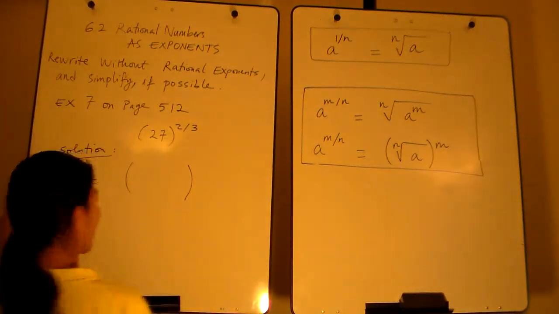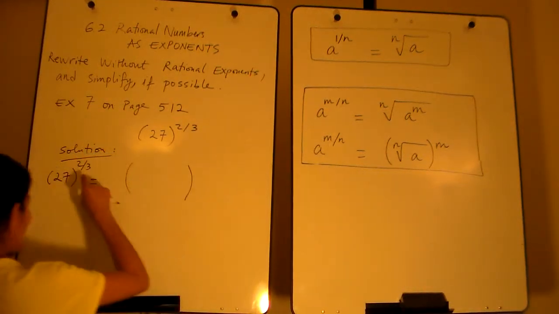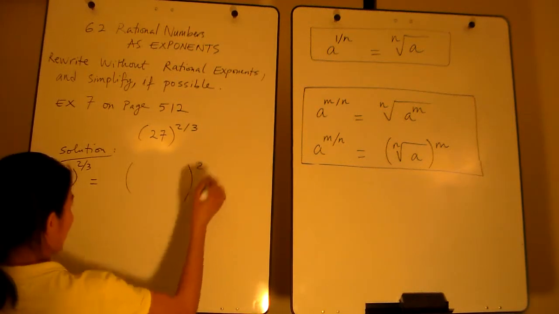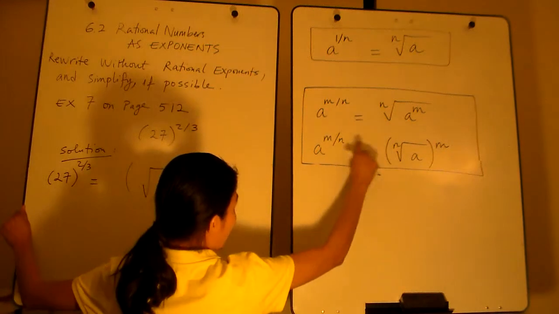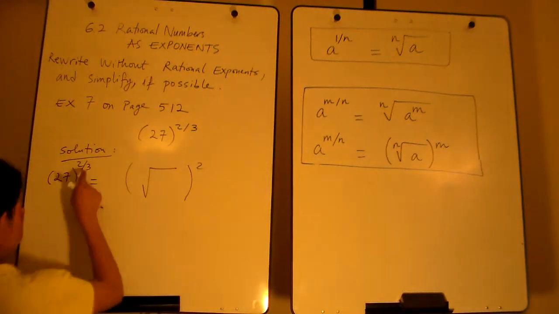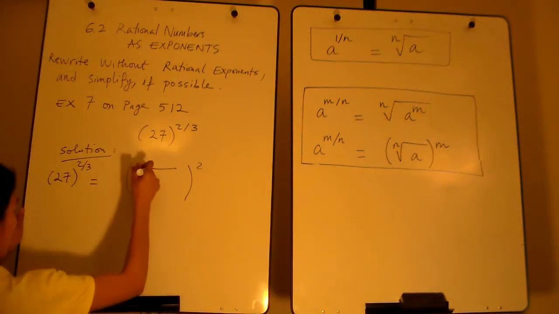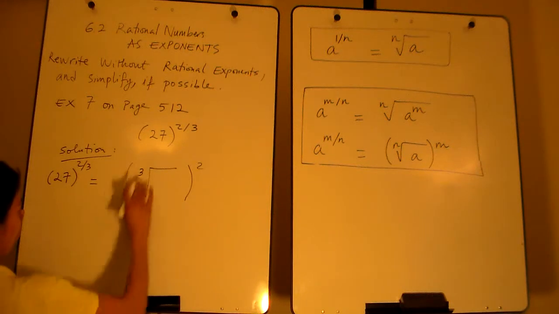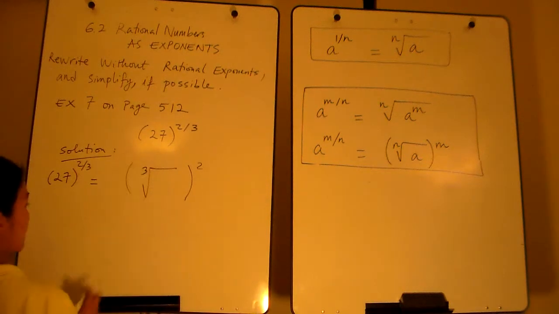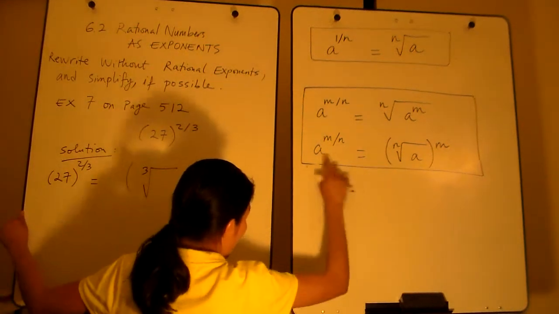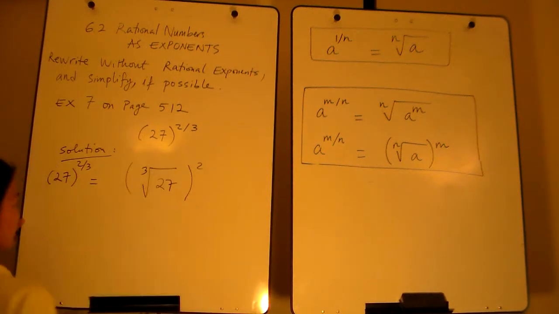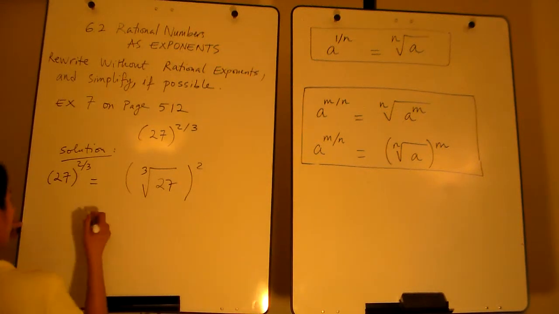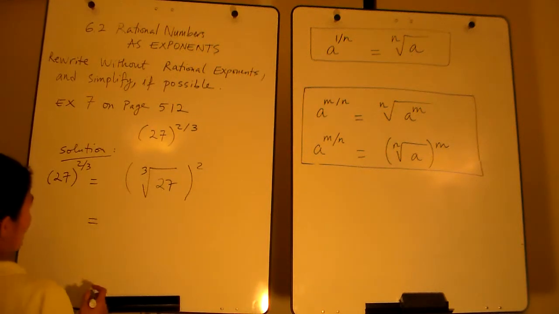What is that power? It's the numerator, 2. And the inside is the nth root. What is n? n is the denominator, which is 3. So you have the cube root. And what is a? a is 27. I'll simplify this.